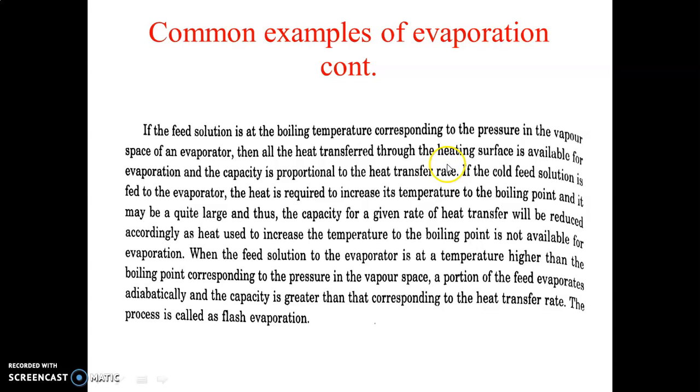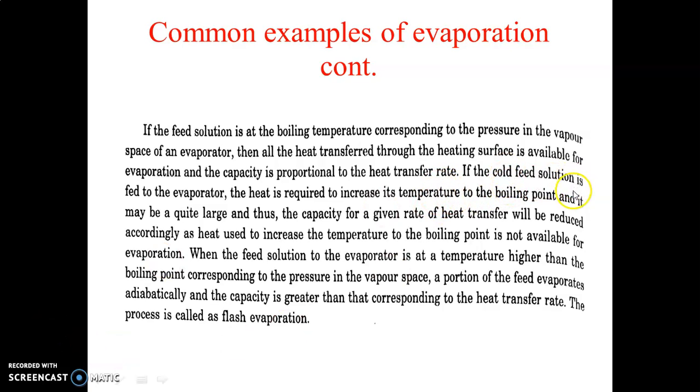Then all the heat transferred through the heating medium is available for evaporation, and in this case the capacity is proportional to the heat transfer rate. All the heat given in the evaporator is directly used for evaporation, so the capacity is directly proportional to the heat transfer rate.